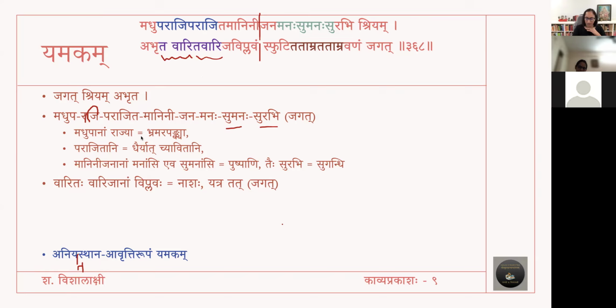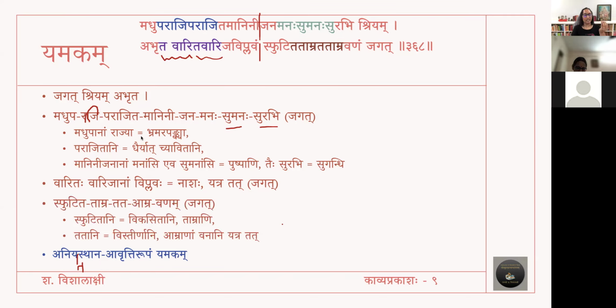And then, Sputita Tamra Tata Amra Vanam Jagat. The Amra Vriksha, the mango trees, are all spreading out their wings, and they are sputitam. Sputitam here is the pallava. The little leaves are all coming out during Vasanta Ritu, and it is reddish in color. Tadrisha sputitani tamrani tatani amra vrikshani yatra vartante, or vanani yatra vartante, not amra vriksha.